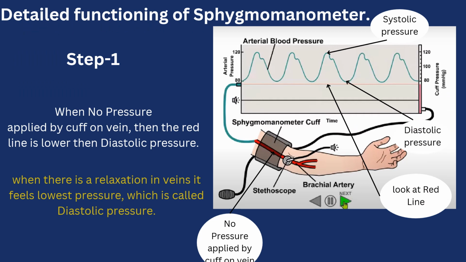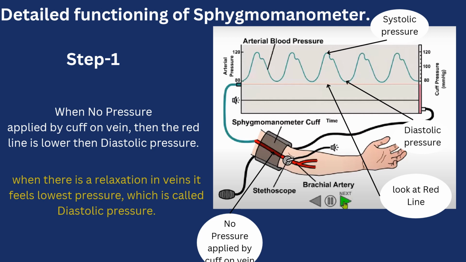Let us understand the functioning of the sphygmomanometer. I am using a conventional sphygmomanometer, you can say an old sphygmomanometer, to explain what is happening in the process. In step 1, when no pressure is applied by the cuff on the veins, the red line is lower than the diastolic pressure.